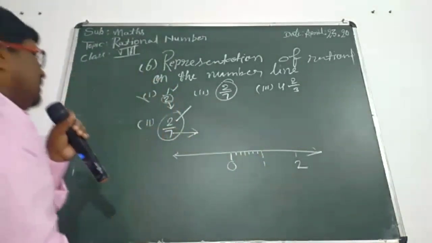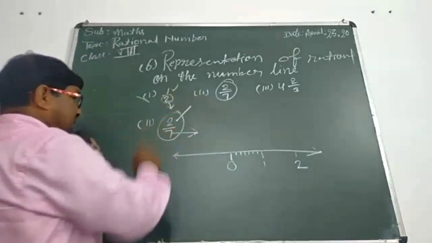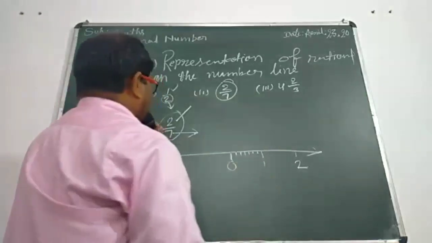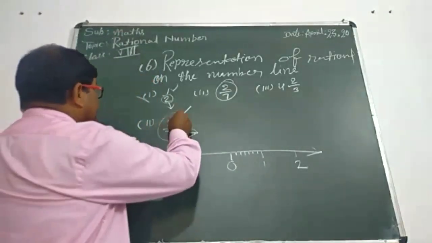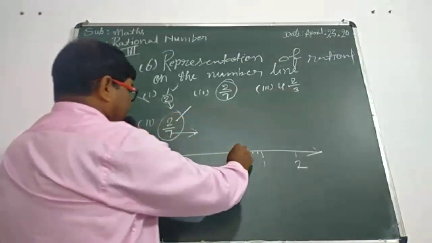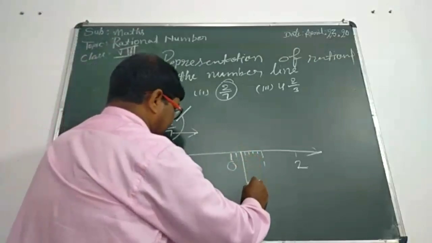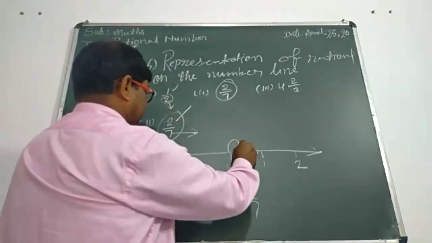Okay. Now student, check the numerator. Your numerator is 2. So from 7 subparts, you will take only 2 subparts. 1 subpart, 2 subparts. So this is the real location of 2 upon 7.